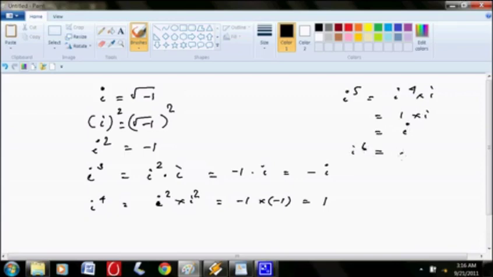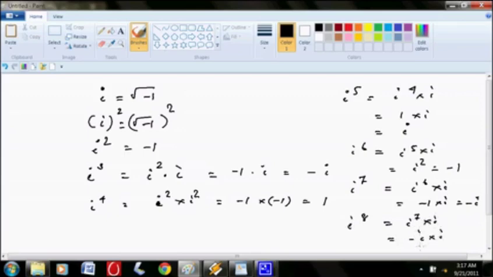i to the power 6 is i to the power 5 into i, which is i square, which is minus 1. i to the power 7 is i to the power 6 into i, which is minus 1 into i, which is minus i. i to the power 8 is i to the power 7 into i, that is minus i into i. i into i is i square, so it's minus i square. i square is minus 1, so this is minus of minus 1, which is 1.